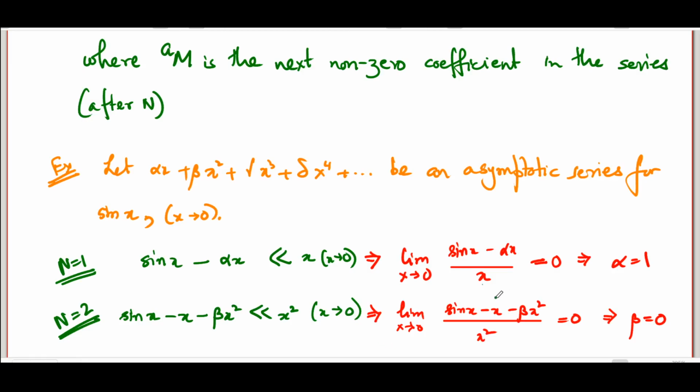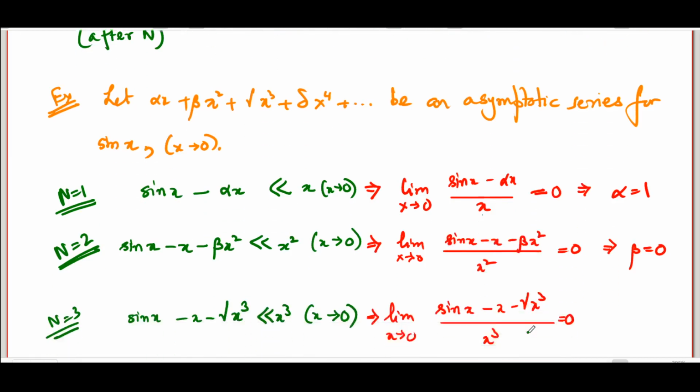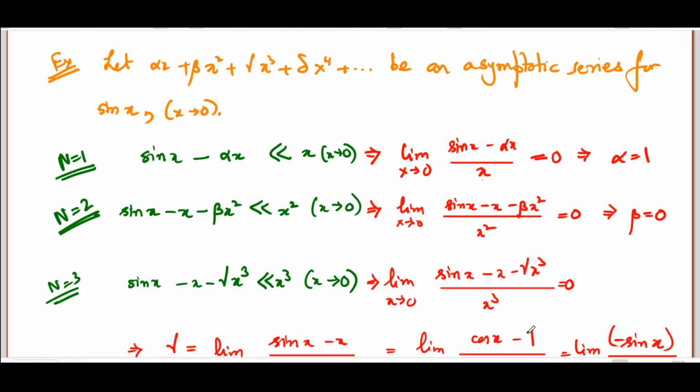And a pretty straightforward calculation will tell you that this must lead to beta equals the limit as x goes to 0 of (sin x minus x) by x squared. And this is something which is pretty easy to figure out. Answer here is simply 0.